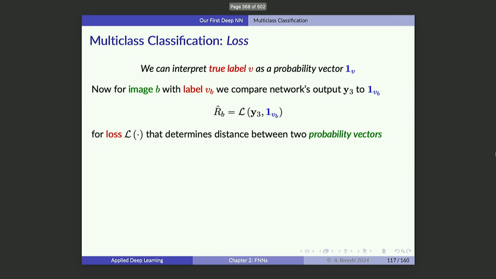Now, if I have the one-hot vector as the probability vector and I have y3 as the probability vector that I got out of my neural network, then I can compare them, because both of them are probability vectors with the same dimensions. I can just compare them. And then it is again a question of taste or your choice, which kind of loss function you are going to choose to compute the difference between these two probability vectors.